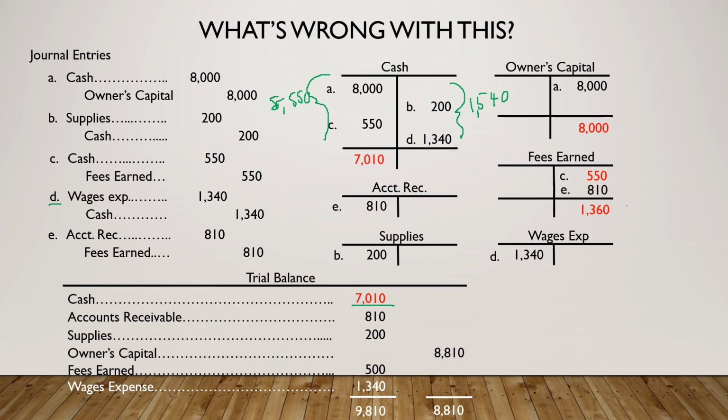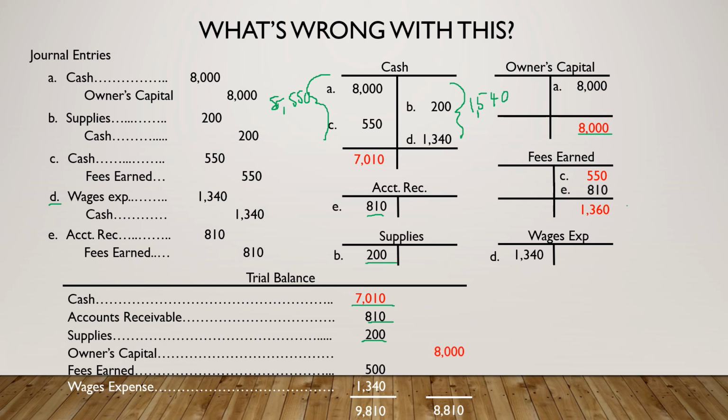Next, we look at accounts receivable, an $810 debit and $810 debit. That one's good. Supplies has a 200 debit, which matches. Owner's Capital has an $8,000 credit, so we need to change that right there.